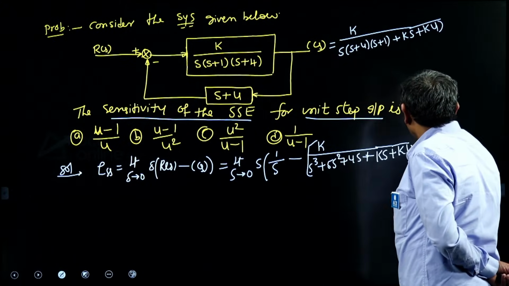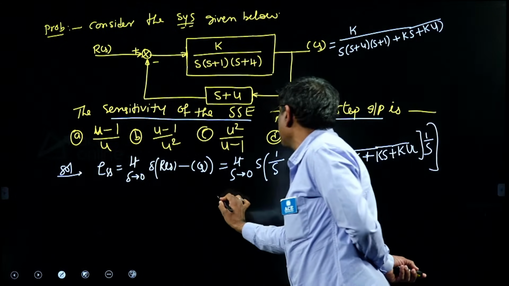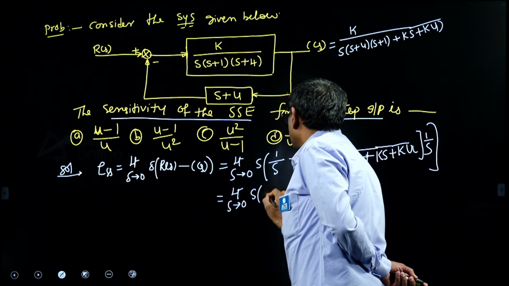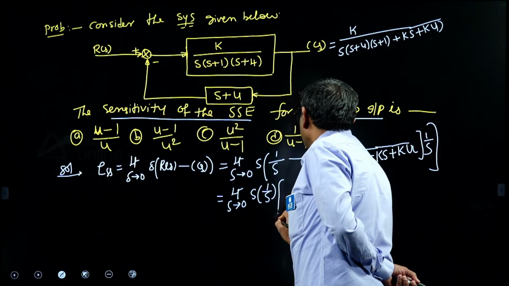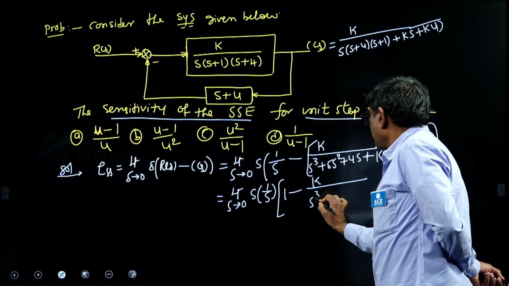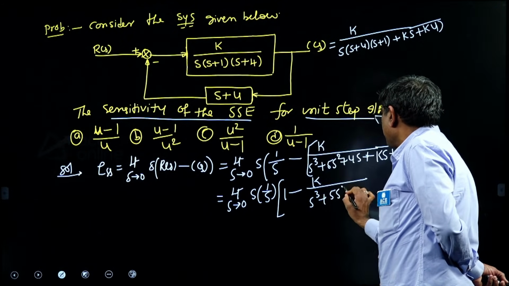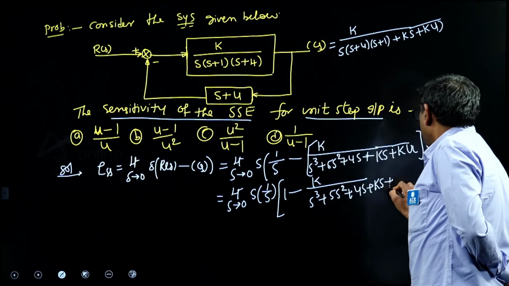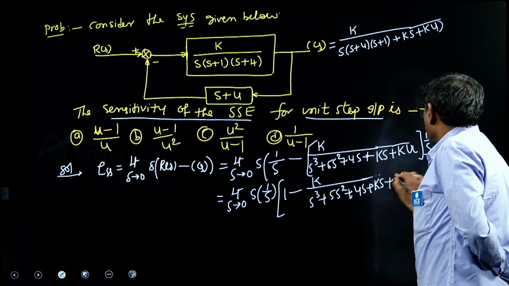Then take 1 by s common. So limit s tends to 0, s into 1 by s, taking common, 1 minus K by s cube plus 5s square plus 4s plus ks plus ku.